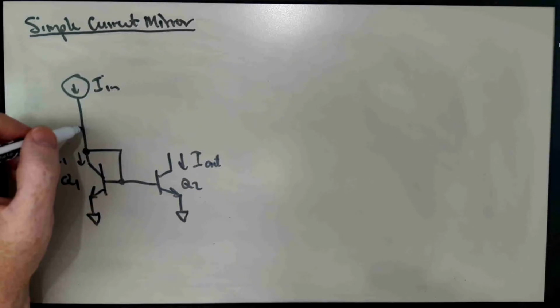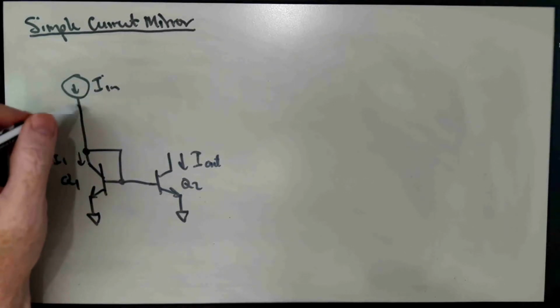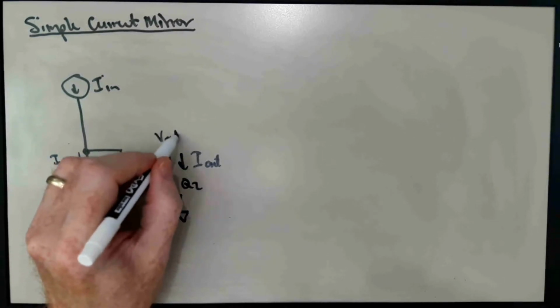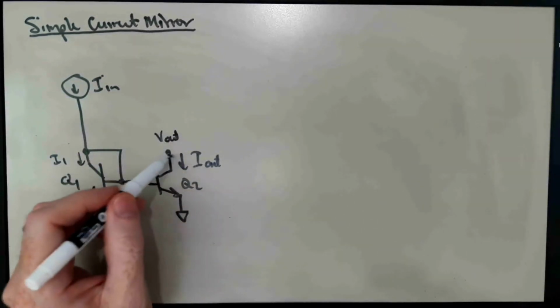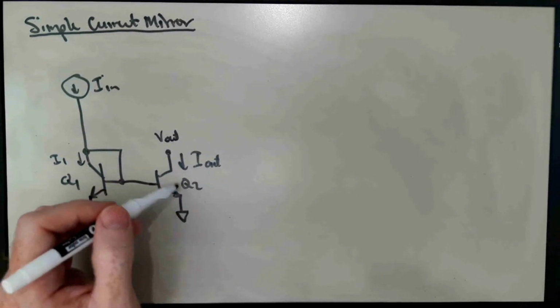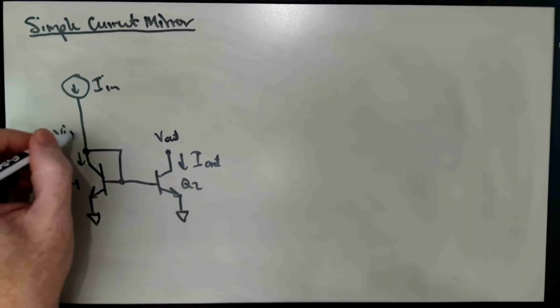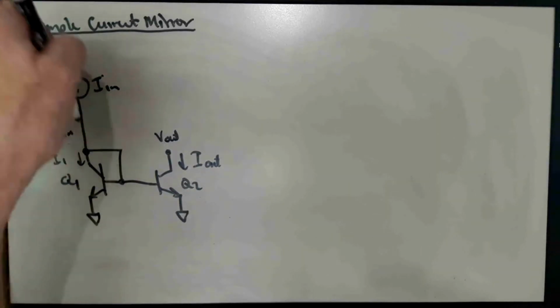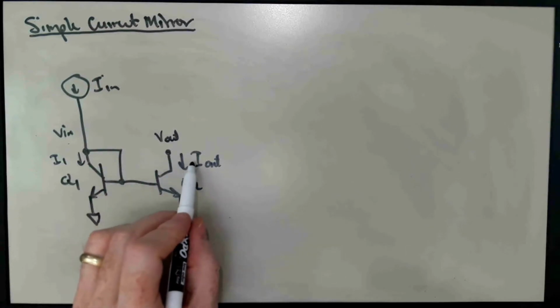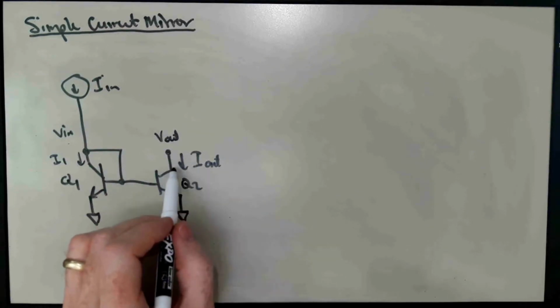Whereas if I think about the output node, Q2 is actually drawing current out of the node. So I in is pushing current onto Vin, whereas at the output, I out is flowing out of the output.